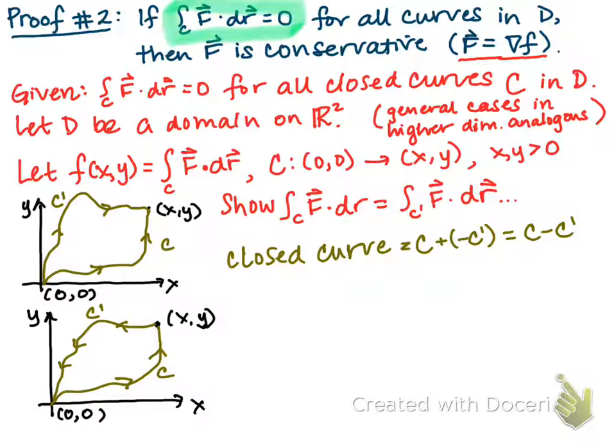Well, that means that the integral over C of f dot dr minus the integral over C prime of f dot dr is 0. So my closed curve again is C minus C prime.